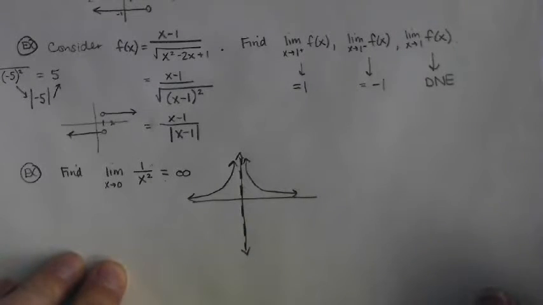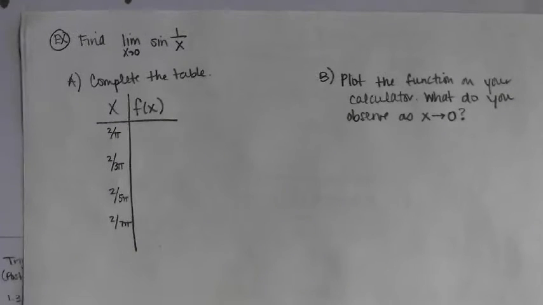Okay? So nothing really new there. This is a new concept here. So not a sine curve, but the sine of 1 over x. And we're going to do a table on this.